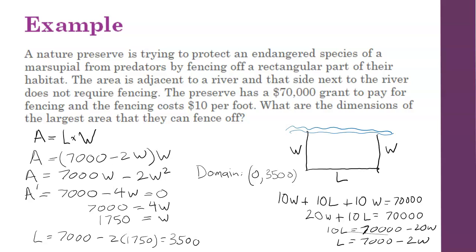But even if it was a closed interval, if I go back and use those, in one case I have a width that's 0, which gives me a 0 area, and in the other case I have a width of 3,500, which results in a length of 0. And once again, I will have 0 area. And you can always plug these numbers in to find the actual area, but the problem just had asked me to find the dimensions.